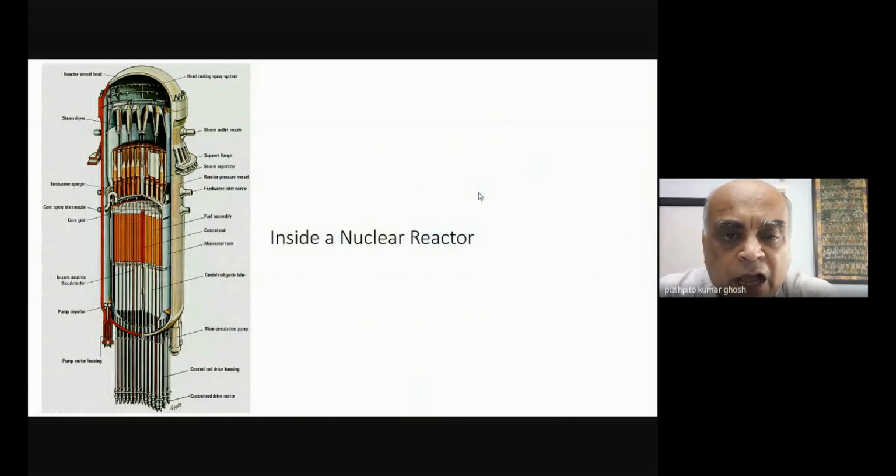All right. Now, let us take a few seconds and look at the inside of a nuclear reactor. What you have over here is the fuel assembly. You first have to make the fuel.